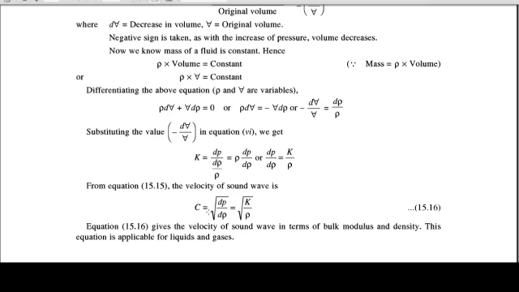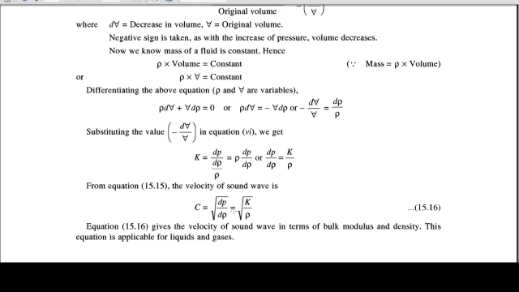Okay, but we know that c is equal to the square root of dP upon d rho. We have solved the expression for the velocity of the sound wave, and we get the value of c as the square root of dP upon d rho. Okay, but here dP upon d rho is equal to K upon rho.